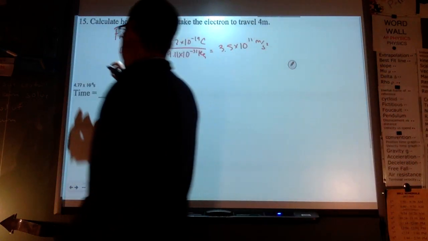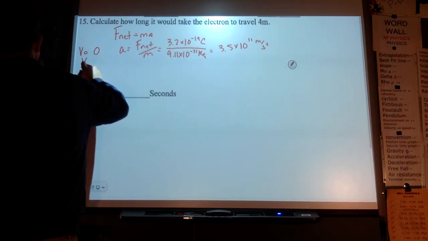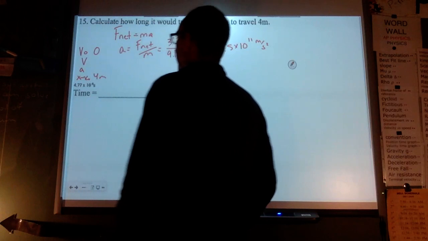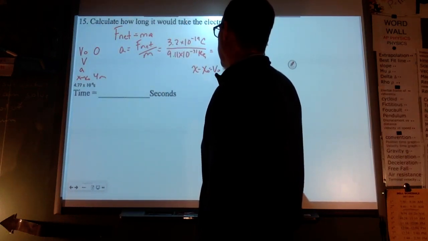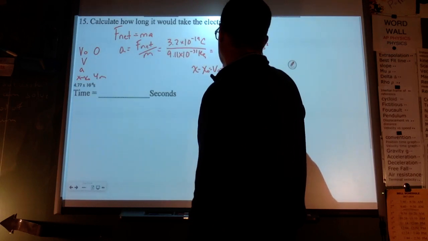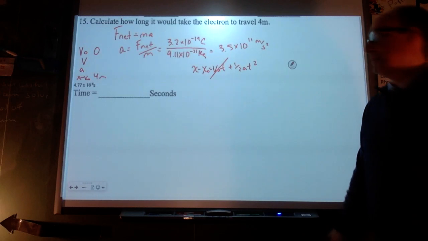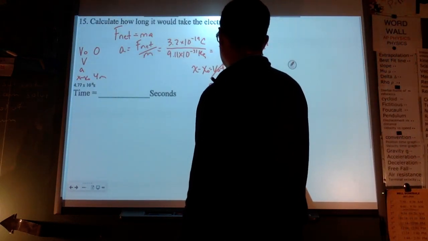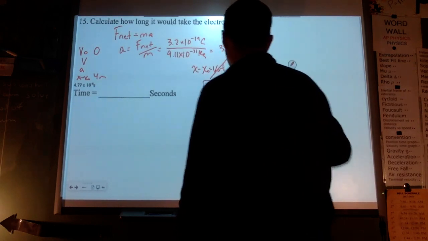I also know that my initial velocity is 0, and it's going 4 meters. So going back to kinematics, I can cancel out that term because my initial velocity is 0. So I'm going to multiply by 2, divide by the acceleration, and square root.